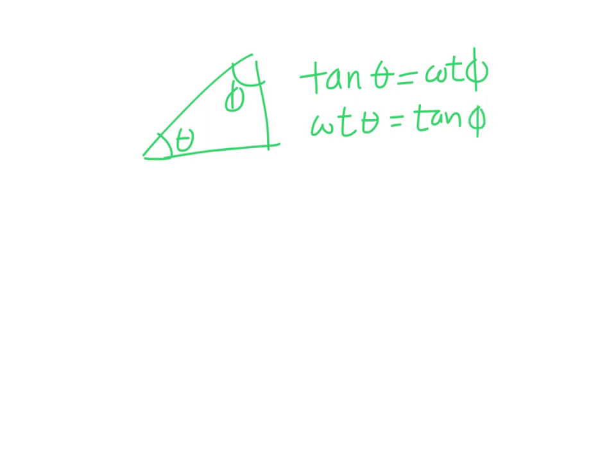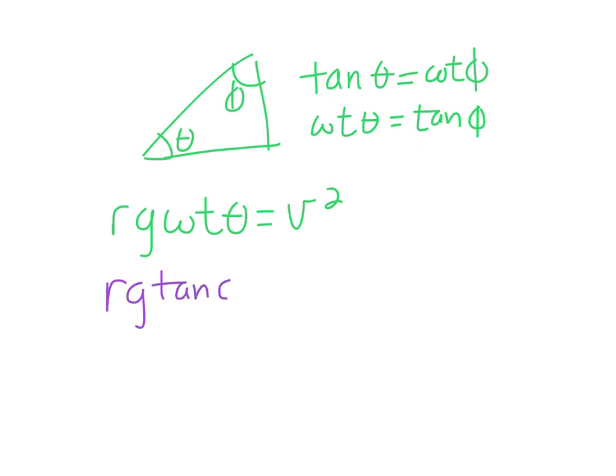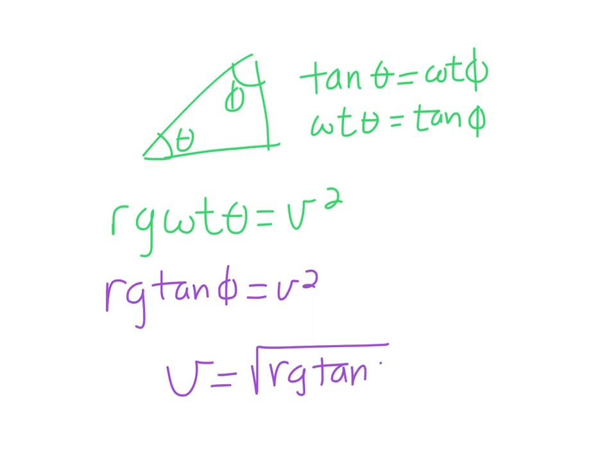So if we were to go back to the step where rg cotan theta equals v squared, cotan theta is the same as tan of phi. So we can say that rg tan phi equals v squared. So v equals the square root of rg tan phi, where phi is the angle relative to the vertical.